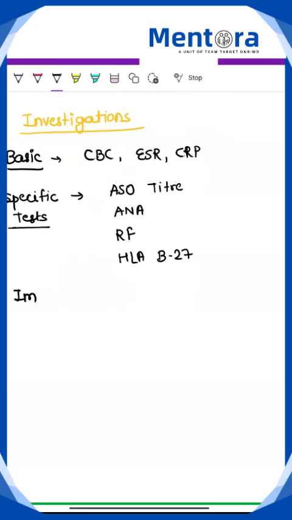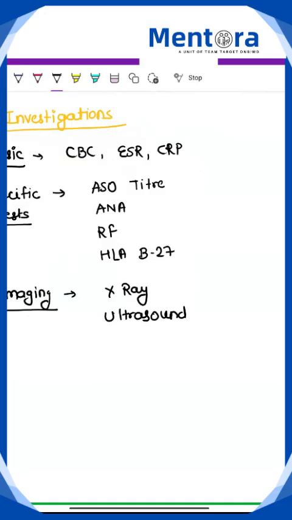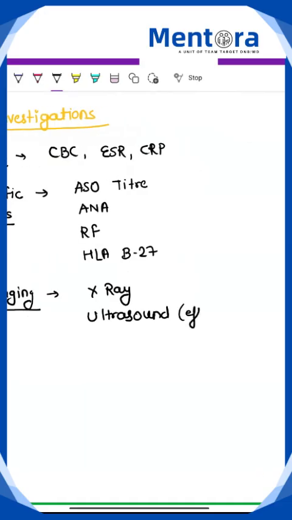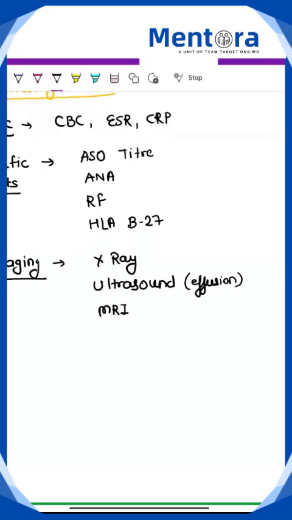And go for imaging. X-ray of the joint, ultrasound if there is any effusion, and MRI if needed.